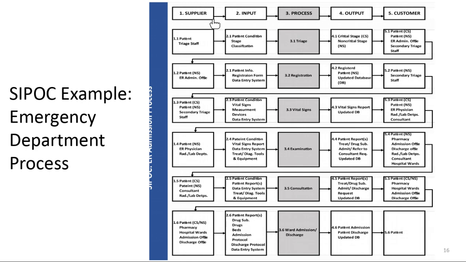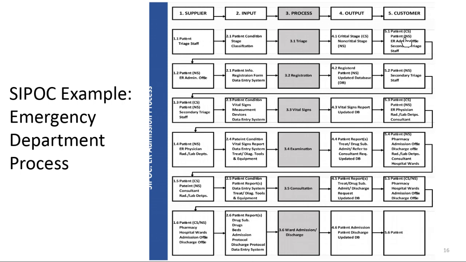This is an example of the supplier, input and process for triage in an emergency department. The supplier here is the patient triage staff. The input is the patient condition stage classification. The process is the triage, and the output is the critical stage or non-critical stage.